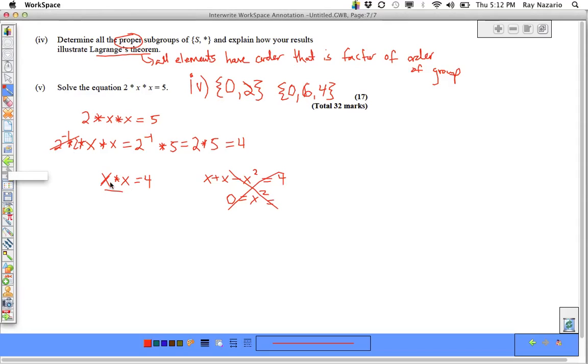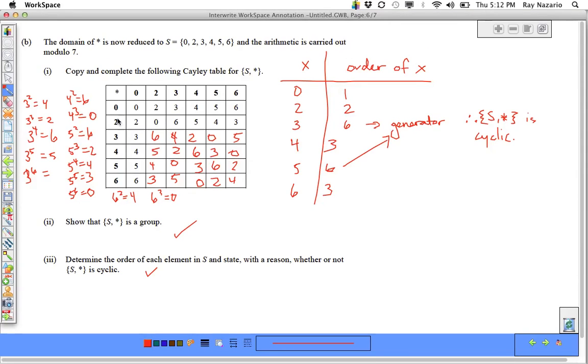Just look on the Cayley table and look for which element operated with itself gives you 4. We'll do the algebra later just to verify we get the same thing. Just look along this main diagonal, because this main diagonal has x star x. So it looks like, oh goodness, there and here. So the solutions to that equation are 3 and 6.